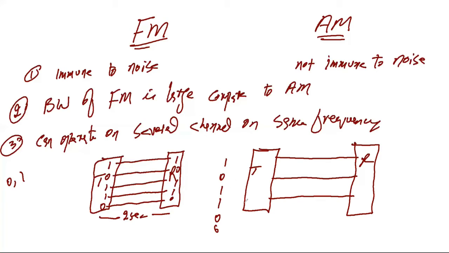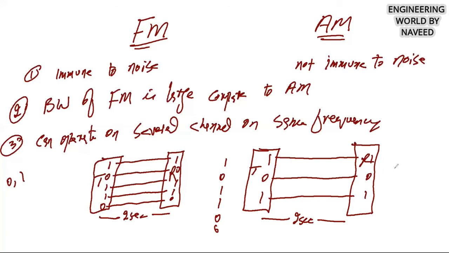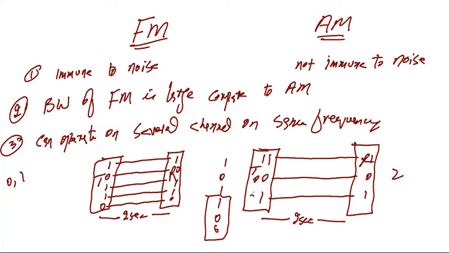First you transmit 101, which takes 2 seconds to reach the receiver. Then you transmit 10, which again takes 2 seconds. So here the flow of data takes 4 seconds, and there it takes only 2 seconds because of the benefit of several channels.